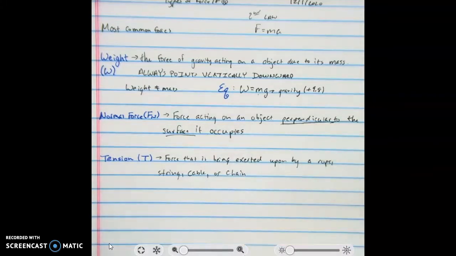Basically, anytime you're pulling an object via a rope, a cable, or a chain, we call that a tension force.